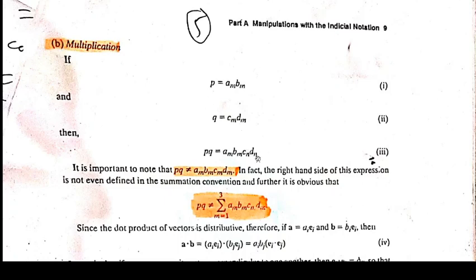So you cannot write it like this because this is not defined in the summation convention. So you will change c and d to use n, so that m is dummy and n is also dummy. Also, if you have it like this and you open this, then it can't be equal to this thing.